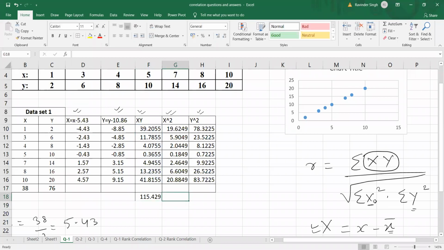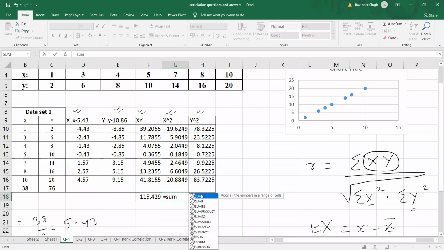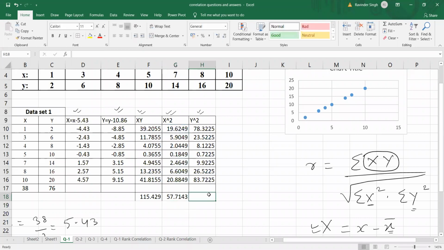Then we need the summation of X square also. This is equal to the sum of this whole term. We have got the summation of X square. Similarly, you find the summation of Y square.